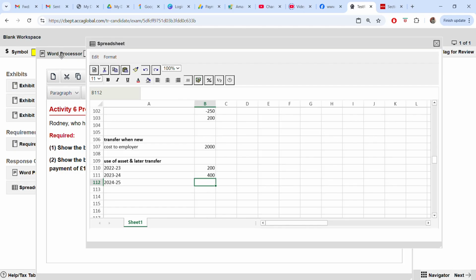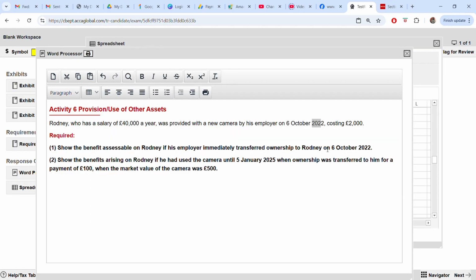And here 24-25. So when you complete 24-25, what happens? It is from April to Jan.